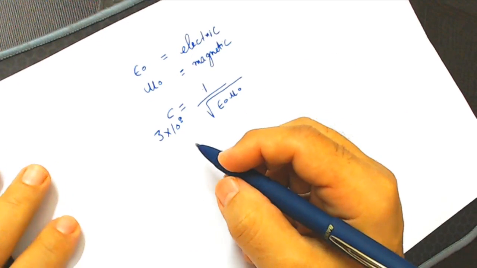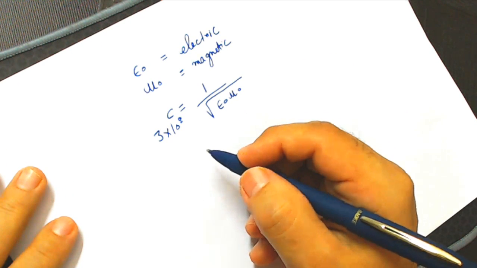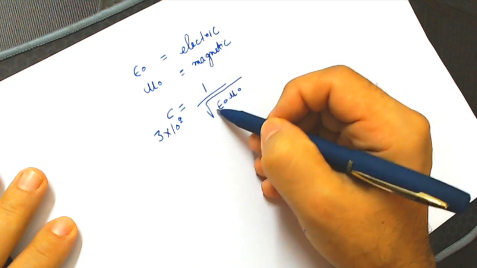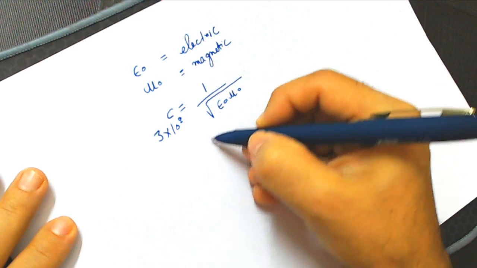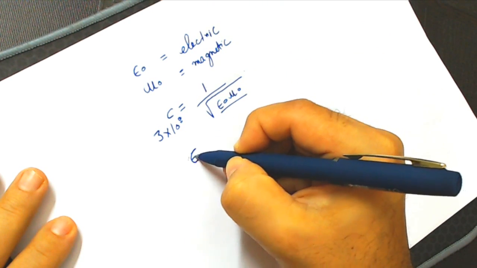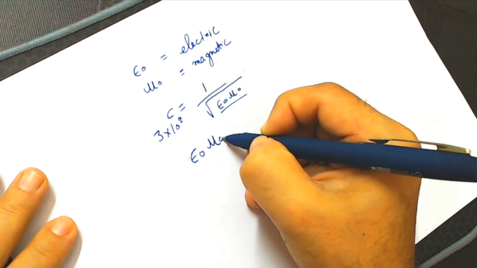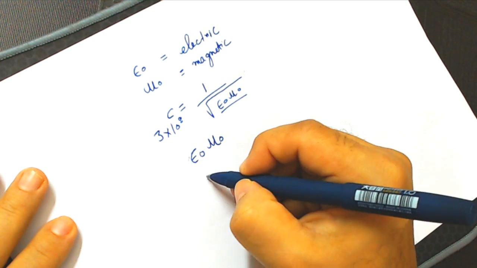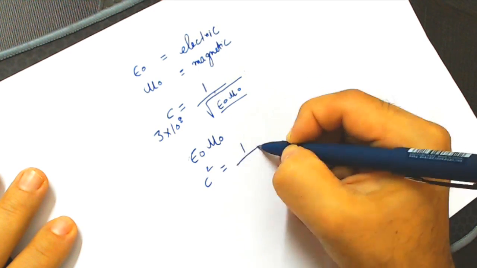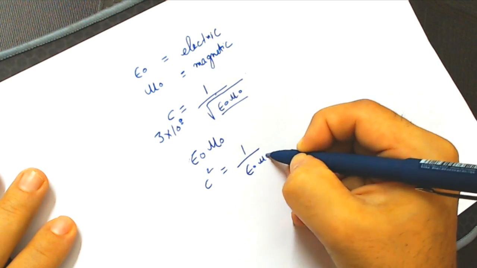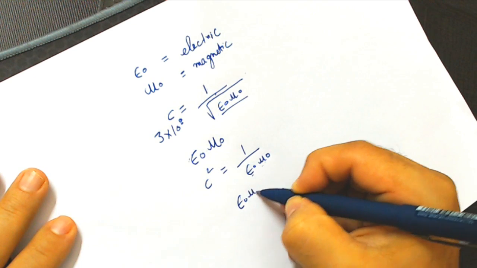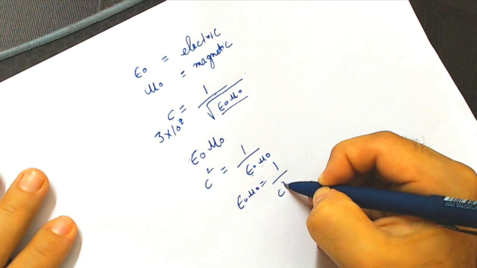So if you're doing a question in the topic of dimensions, and you're asked, what is the dimension of epsilon-nought mu-nought, for example, just as an example, right? So I can write this equation as c square is equal to 1 upon epsilon-nought mu-nought, which is a product of these two. And epsilon-nought mu-nought is equal to 1 upon c square.